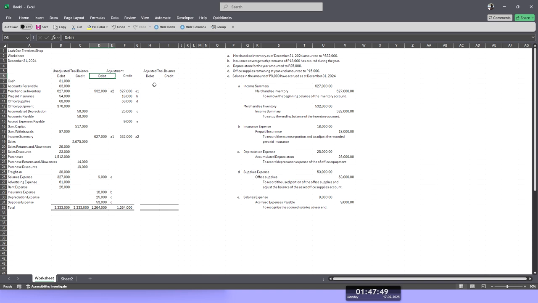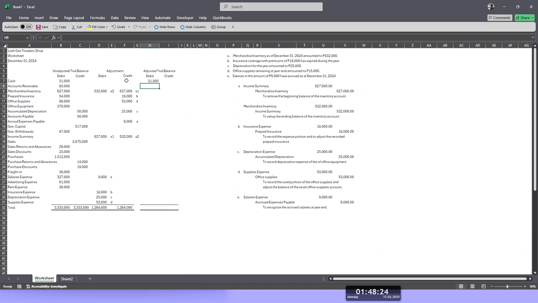To merge it, for accounts with normal debit balances the formula is debit in the unadjusted trial balance plus debit in the adjustment column minus credit in the adjustment column.